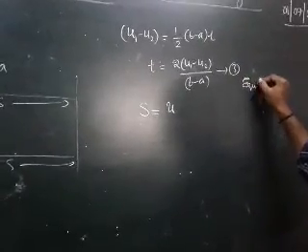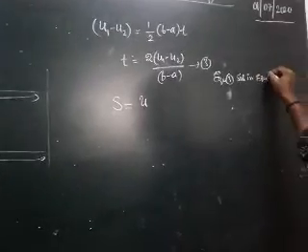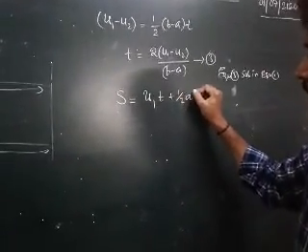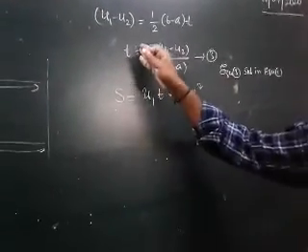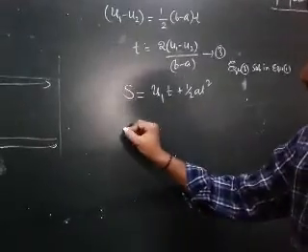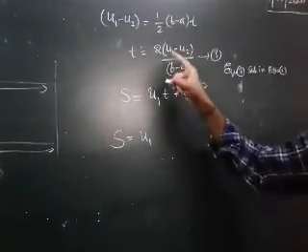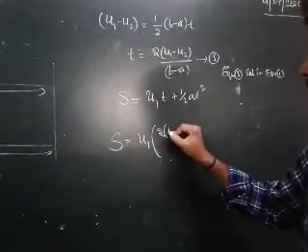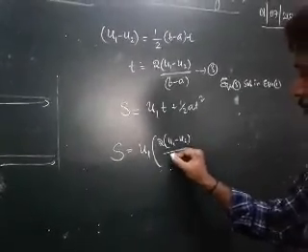Substitute equation 3 in equation 1. Therefore u1t plus half into a into t square, right? Then we get the range, with t being 2 into u1 minus u2 divided by b minus a.